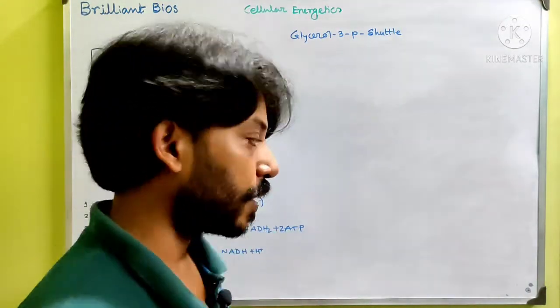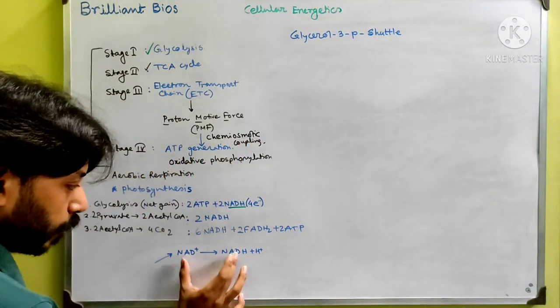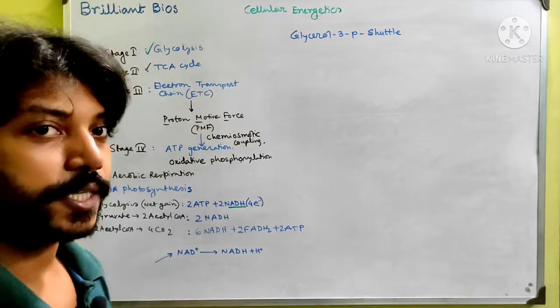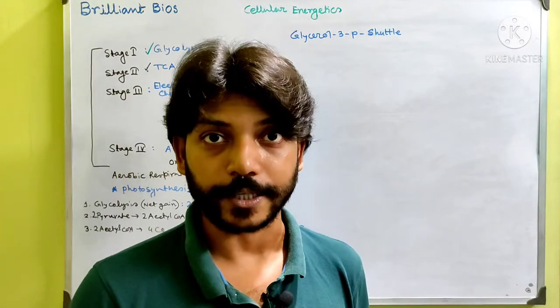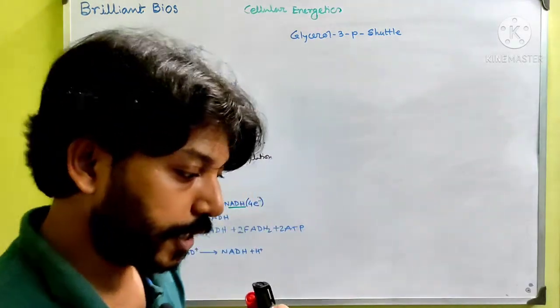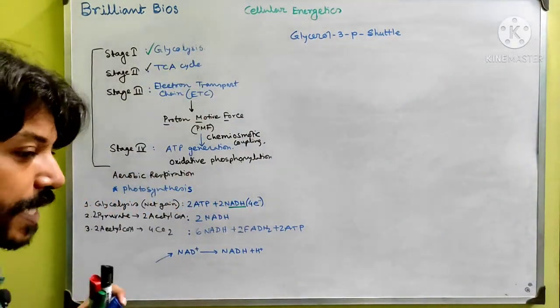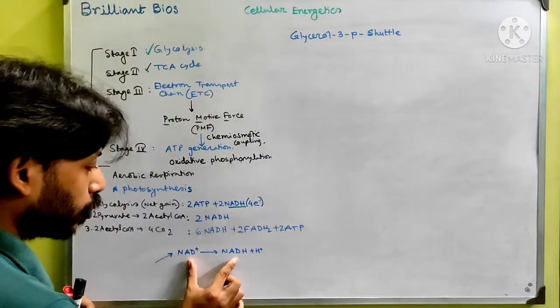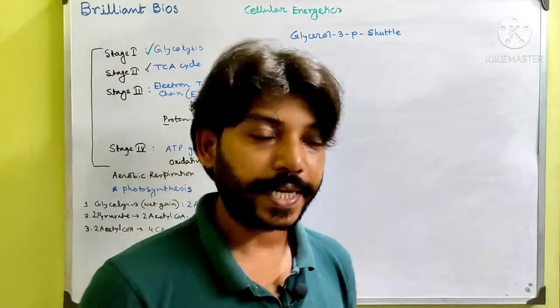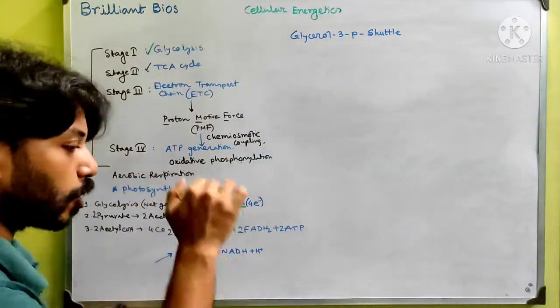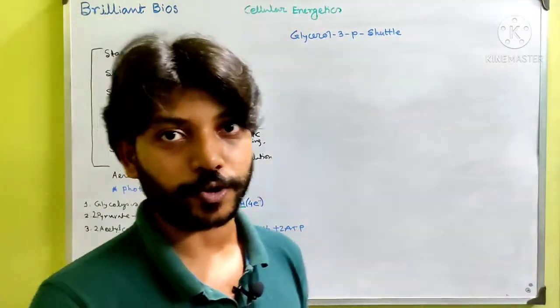Another reason is that these two molecules, NAD plus and NADH, are impermeable into the mitochondrial matrix, because the inner mitochondrial membrane is impermeable to these two molecules. So the NADH molecules generated in the cytoplasm cannot enter directly into the mitochondrial matrix.